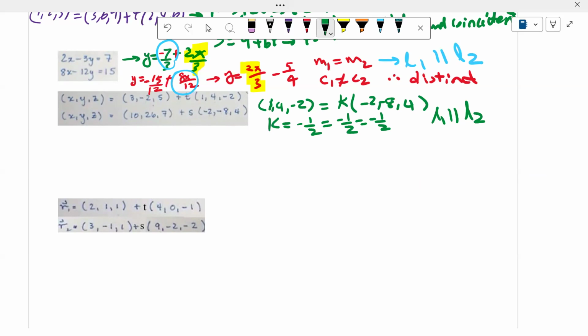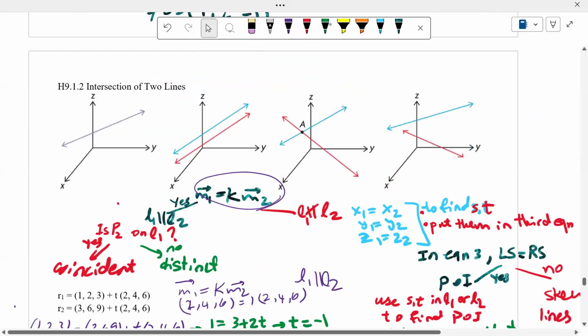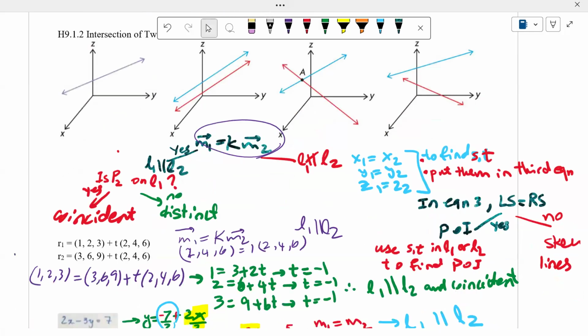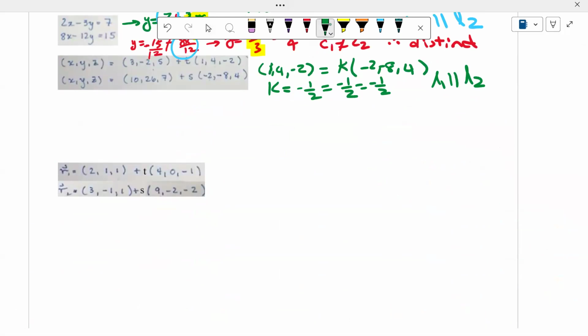Then, because they're parallel, we want to put one point of one of those lines on the other line to see if they're coincident or distinct. So this time I'm going to put P2 on line 1.